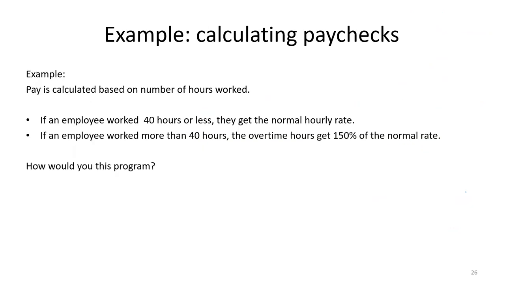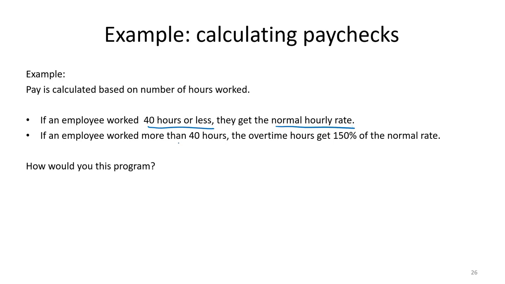Let's look at an example of if-else. Suppose we wanted to calculate an employee's pay, and the amount of money the employee is paid is based on how many hours they worked. So if an employee worked 40 hours or less, they get the normal pay.